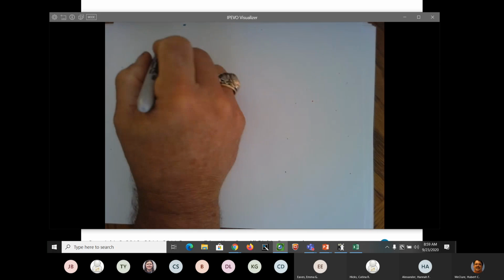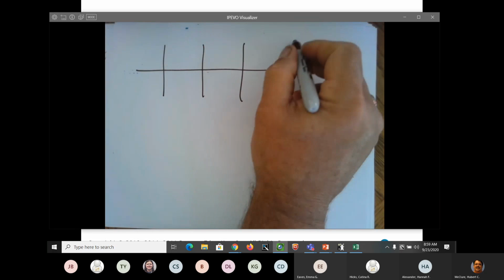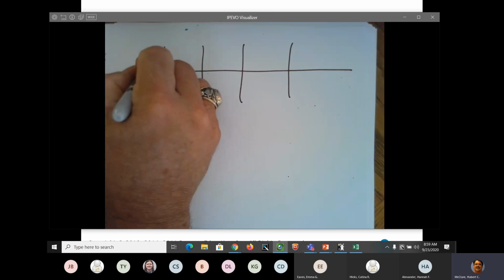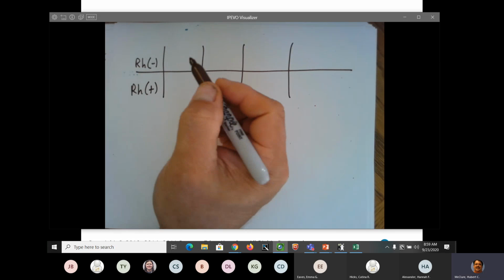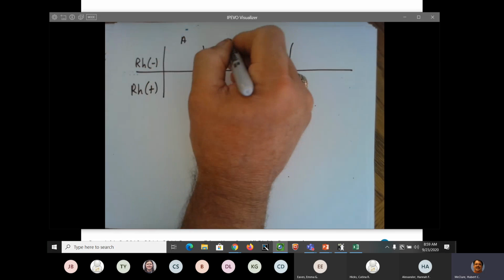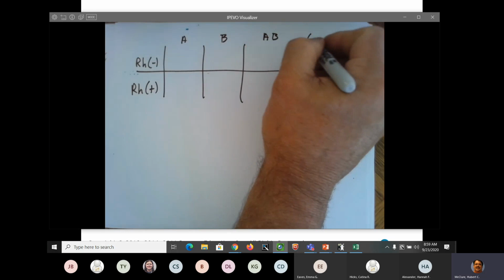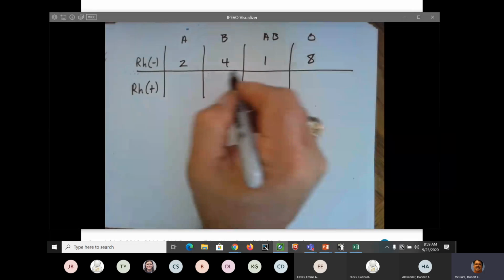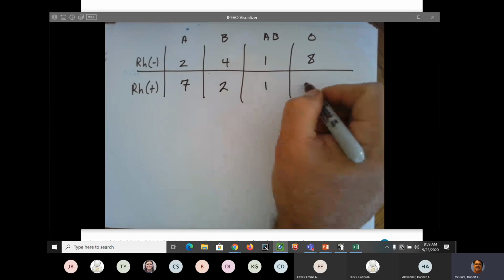I'm going to draw another table: Rh negative, Rh positive, A, B, AB, O, 2, 4, 1, 8, 7, 2, 1, 5.